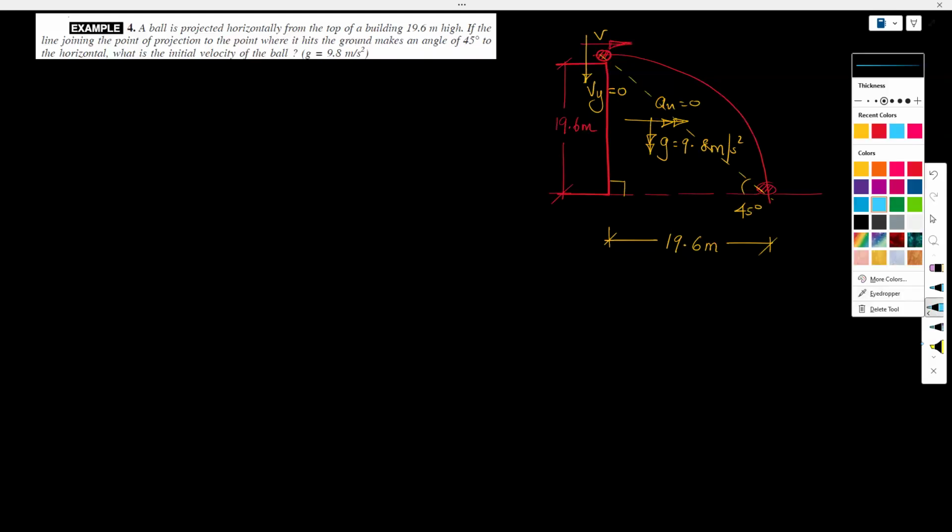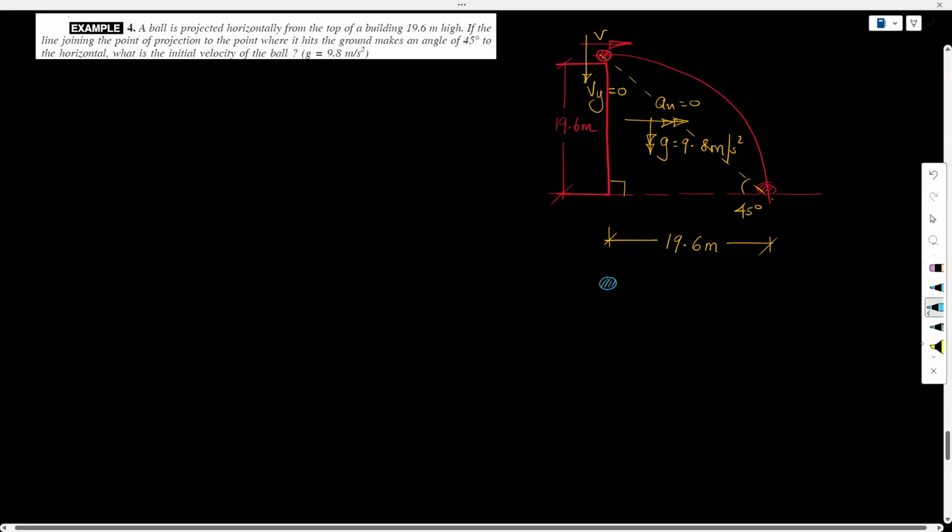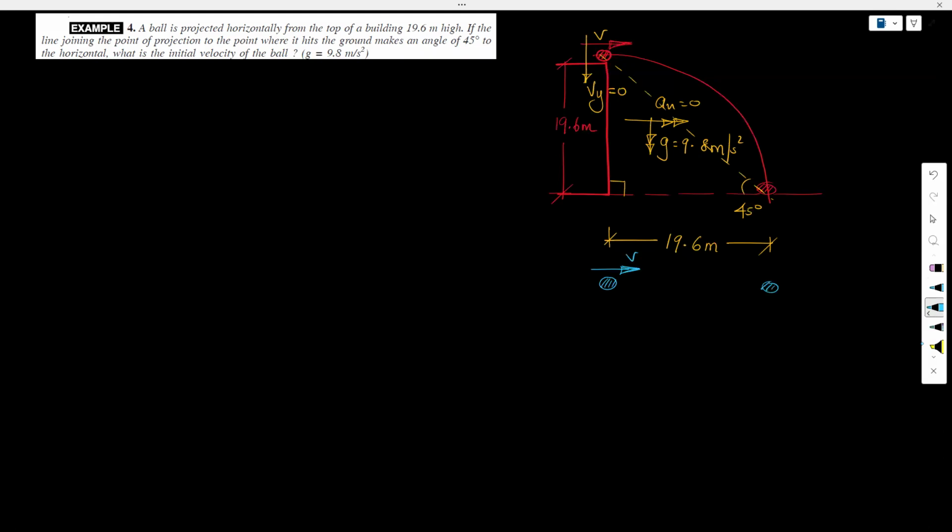So as always, the ball has a horizontal projection with a velocity which is unknown, and it travels 19.6 meters, and the acceleration in the horizontal direction is 0.